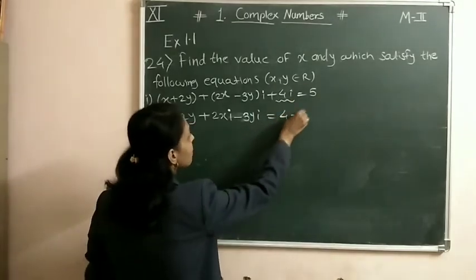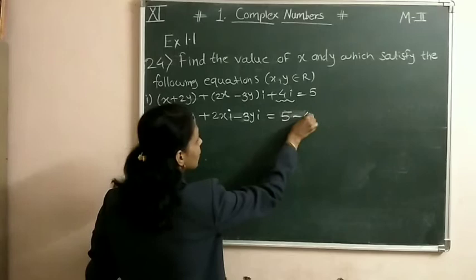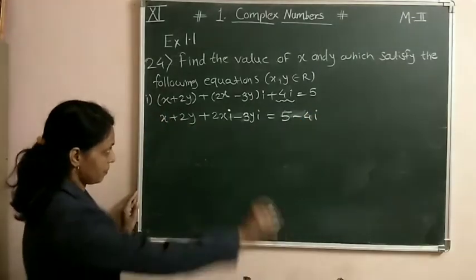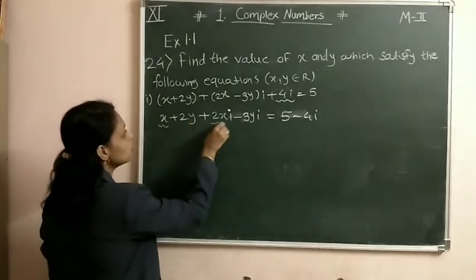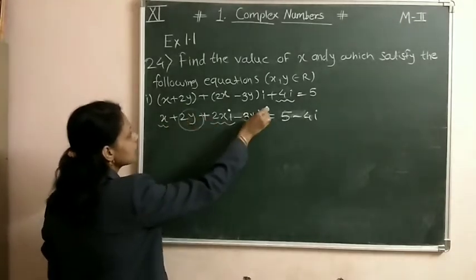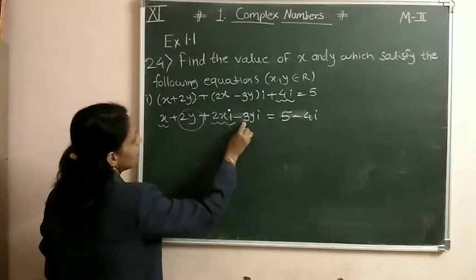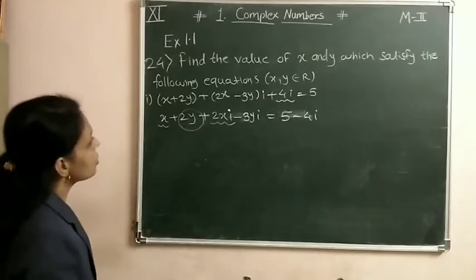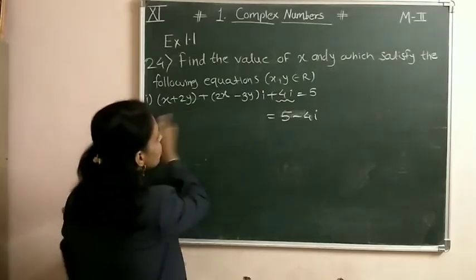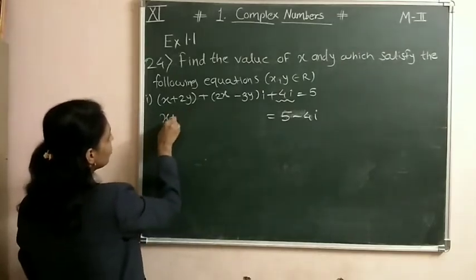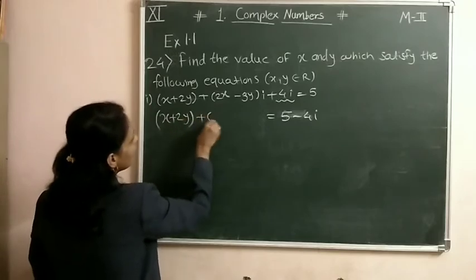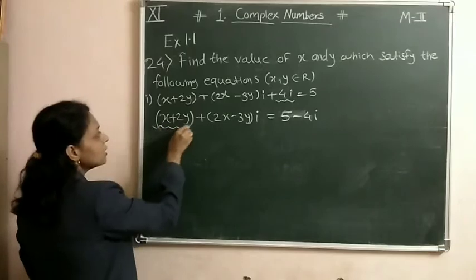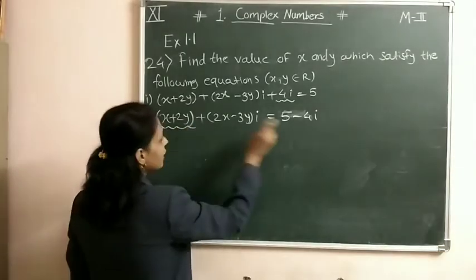Means we can compare the complex numbers. Now what is common in these two? See, in these two numbers, here i is common. So okay, we can solve it this way also. See student, this is the real part.